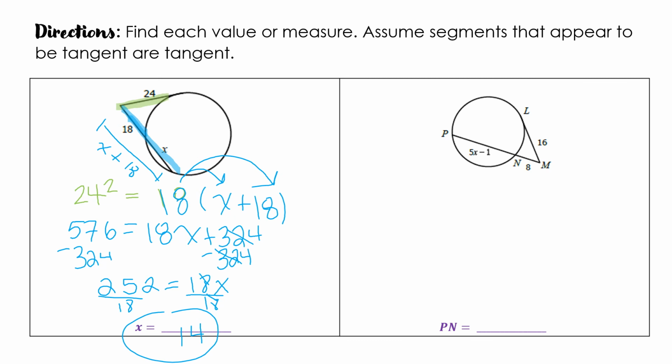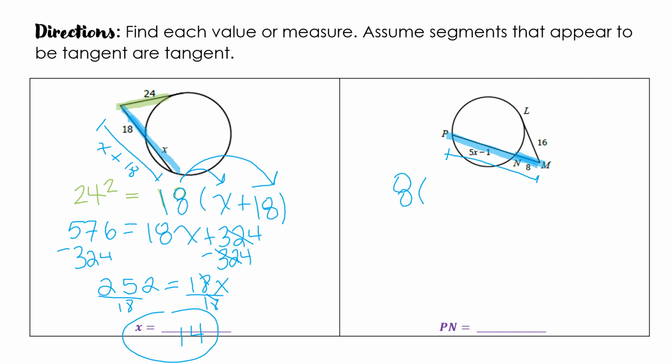All right, so this time I'm going to do it backwards. I'm going to look at the secant first. Again, it doesn't matter. So for my secant, the outside length is 8. So I'm going to start by taking 8. And I need to multiply 8 times the whole length of the secant. The whole length of the secant is 5x minus 1 plus 8.